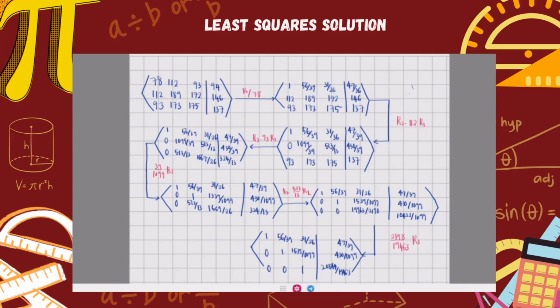Now I will explain the row echelon approach, or Gauss elimination, used to solve the normal equation. First we write the augmented matrix like this. Next we perform row operations to convert the matrix into row echelon form. We start by making the first pivot equal to 1, then eliminate the entries below using elementary row operations.